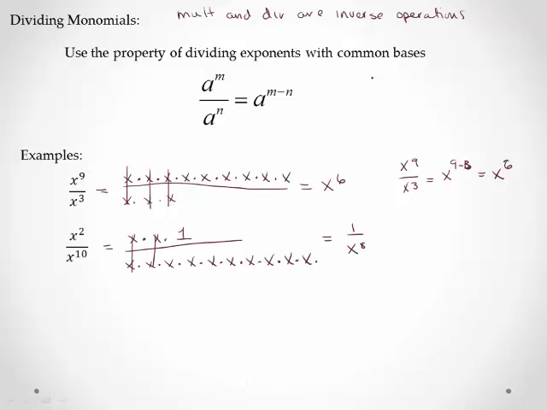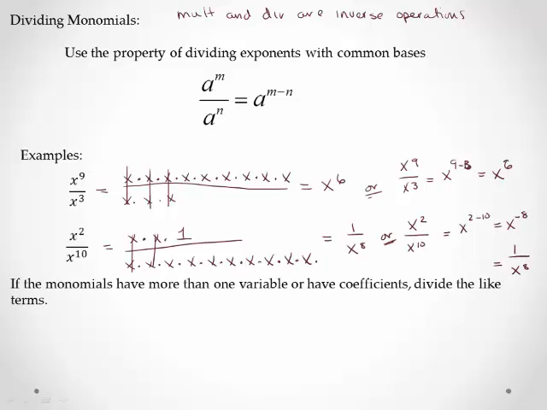The other way we can do this is we can think of it kind of as a tug of war. Or you can use the property of negative exponents. x to the 2 minus 10 is equal to x to the negative 8, and we don't allow negative exponents, so we put it in the basement. The other way you can think of it as whichever one is bigger wins the tug of war. 10 was bigger, so the 8 ended up on the bottom.